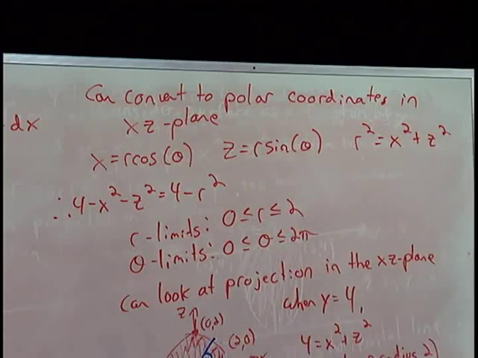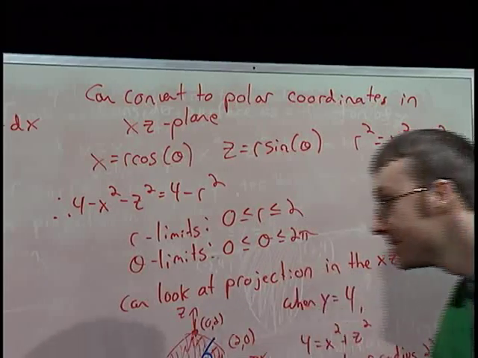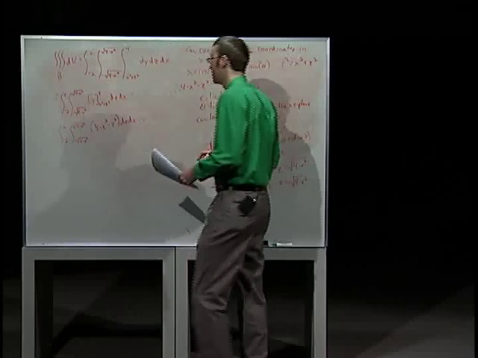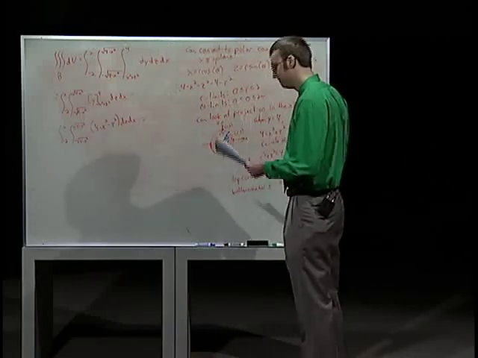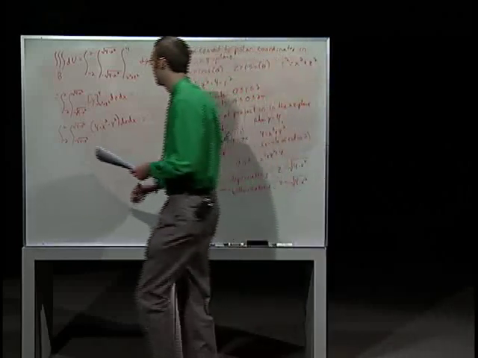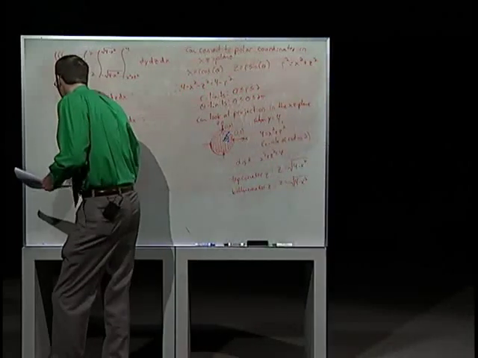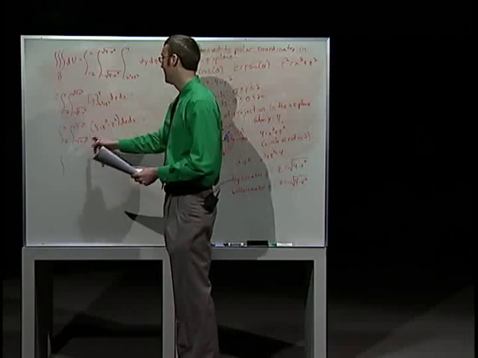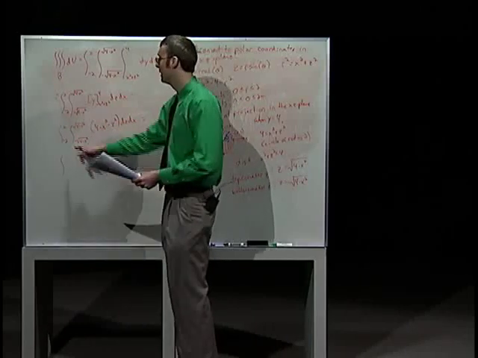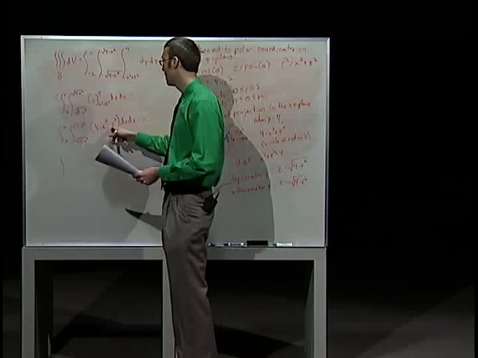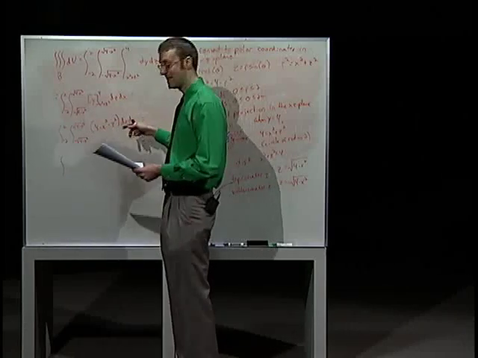So we have a nice, easy expression involving r limits and theta limits. We're going to convert over, right? So we're going to go from limits of x, limits of z, and a function of z and x to limits of theta, limits of r, and a function of r and theta, dr d theta.